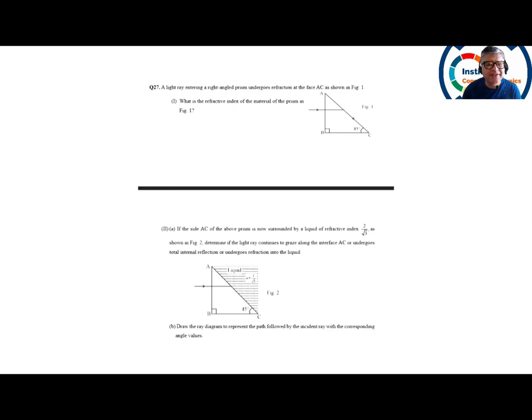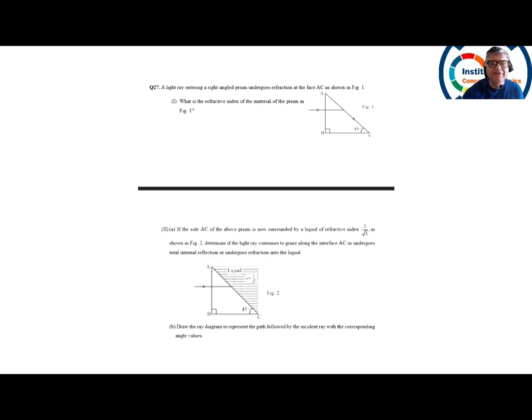There is a light ray entering a right angle prism, which undergoes a refraction at the face AC in the figure. What is the refractive index of the material in the figure? If you notice, this question has a prism, and what's very striking to me is that the ray comes straight.